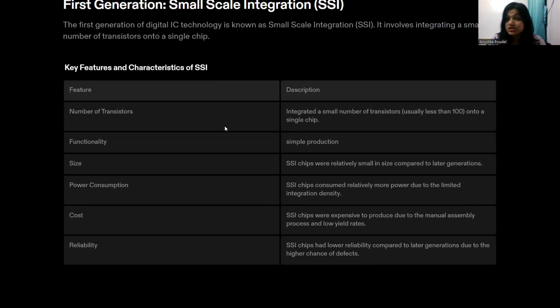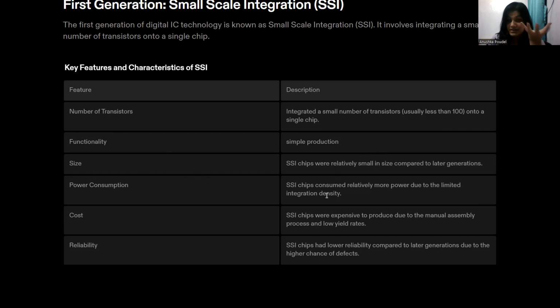Number of transistors: here we have only 100 or usually less than that. Functionality: the production was simple, though it was expensive. Size is really small relative to other generations. Power consumption: since it was primitive, made early on, it consumed a lot of power due to limited integration density.